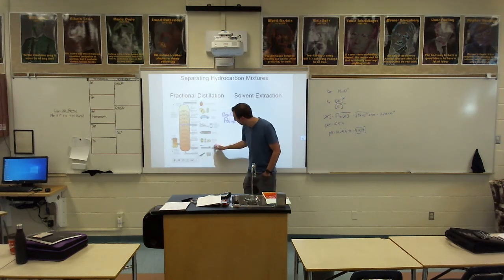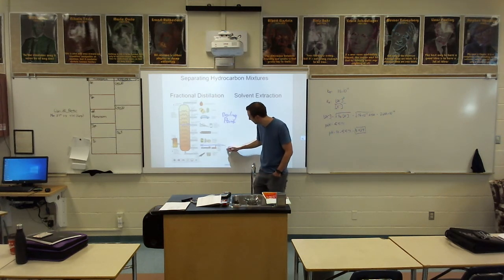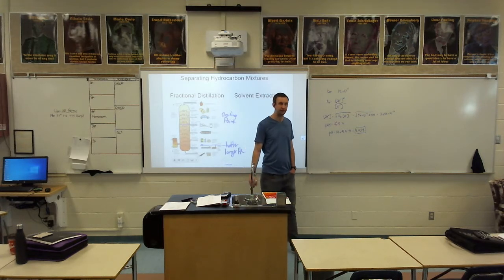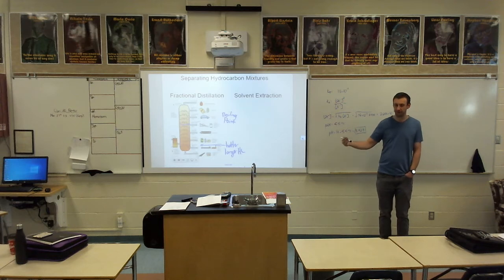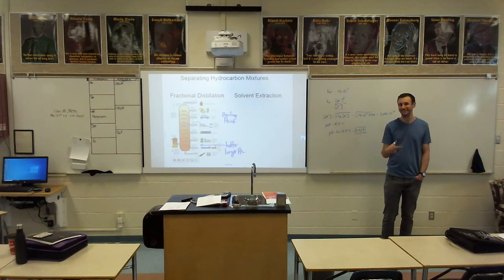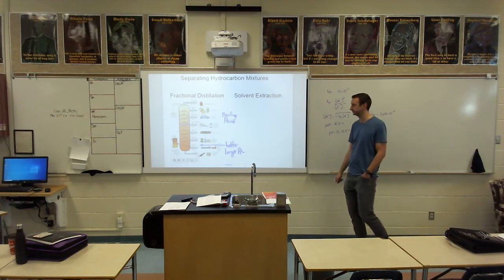It's hotter down here, and as a result I get larger hydrocarbons at the bottom. So stuff that's longer, with higher molecular mass, ends up at the bottom. The primary reason for this is London dispersion forces you learned about in Chem 20. The bigger the molecule, the stronger the LDF.